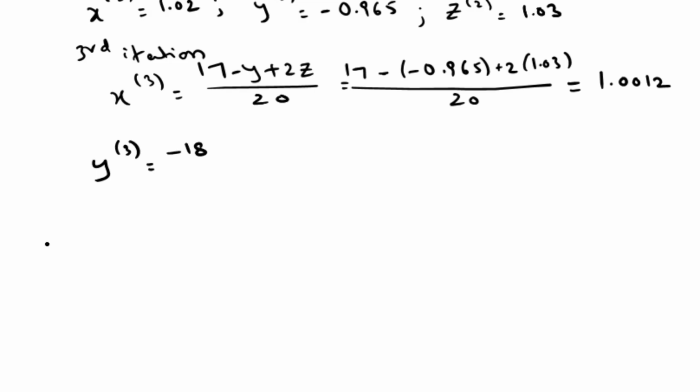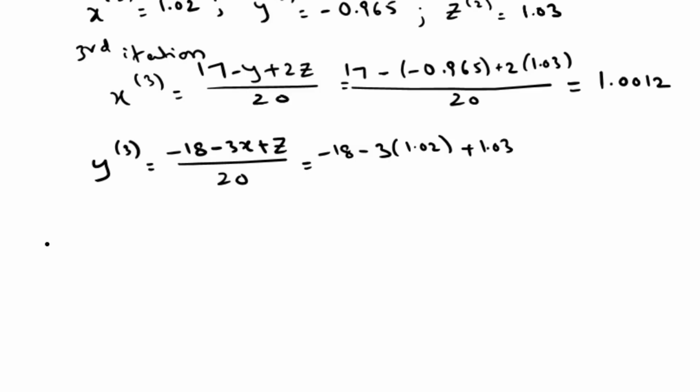Now to find out y in the third iteration is equals to minus 18 minus 3x plus z by 20, which is equals to minus 18 minus 3 into x value is 1.02 plus z is 1.03 divided by 20.